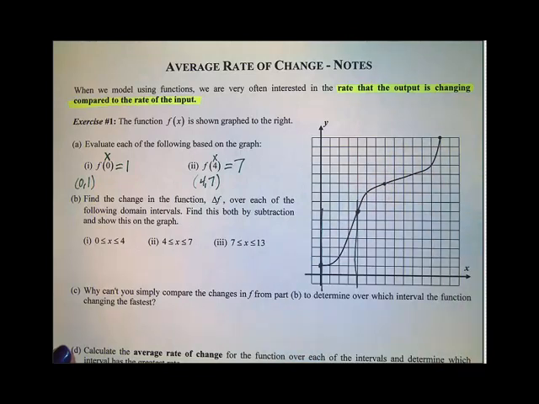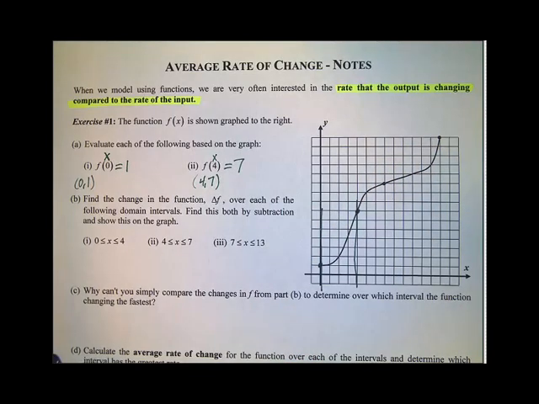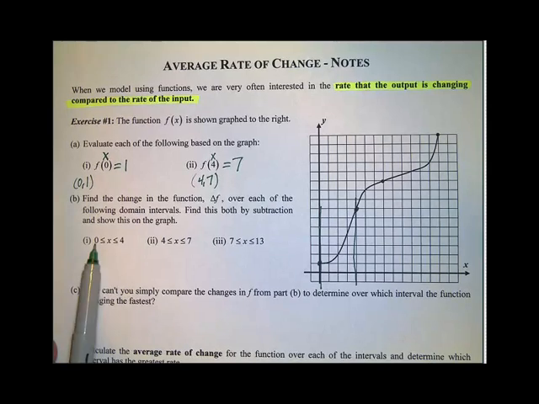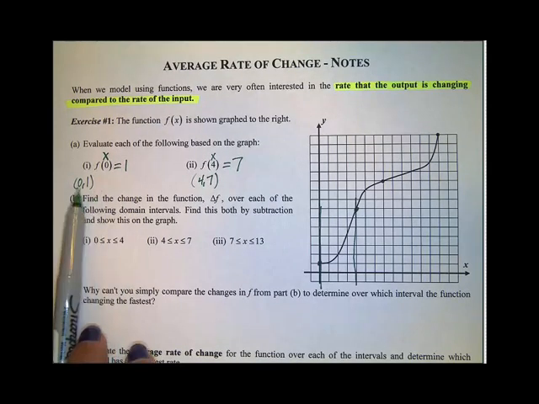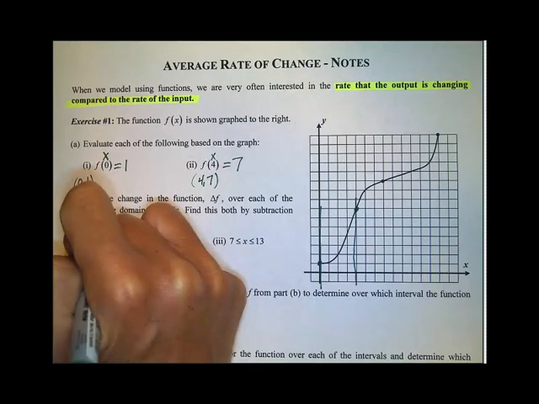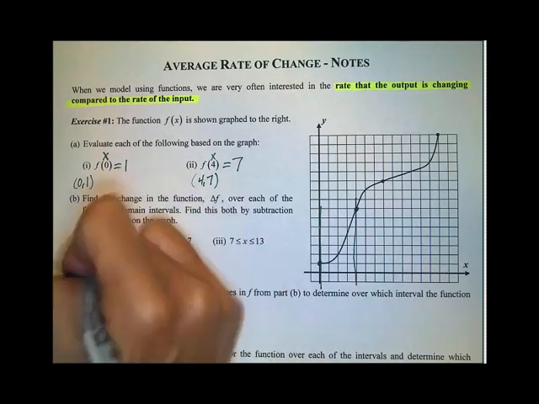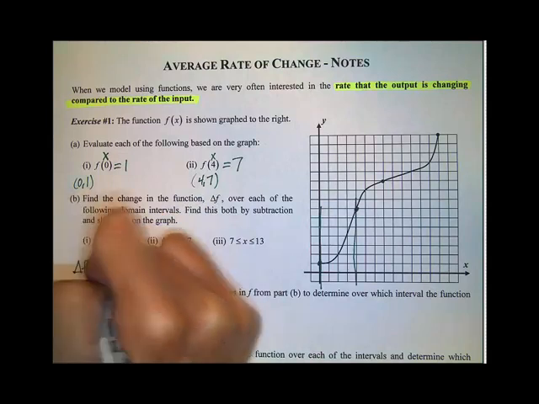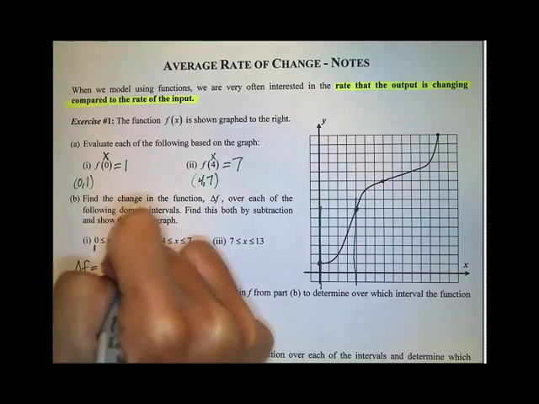Subtraction. Basically, we are finding the difference in the y values. So we already did 0 and 4. So (0, 1), so 1 goes here. And 4 is 7. So the change in f is 7 minus 1, which is 6.